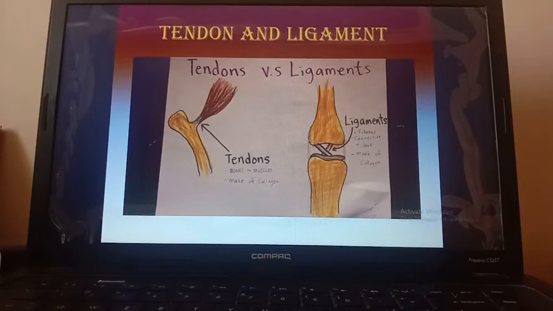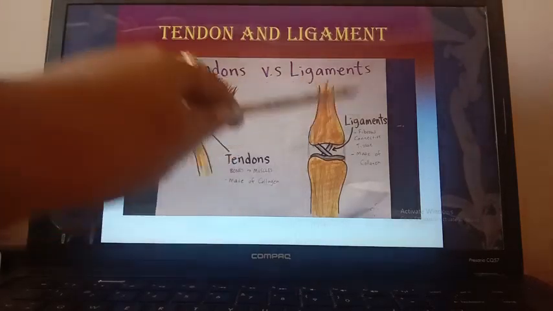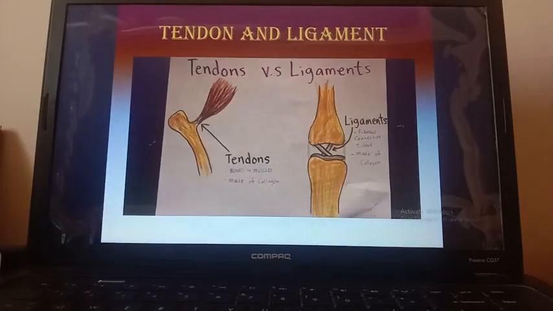Next one is ligament. Ligament also is a fibrous connective tissue. It contains yellow fibrous tissue. Tendon contains white fibrous tissue and ligament contains yellow fibrous tissue. Ligament has limited strength and high elasticity, just opposite to tendon.